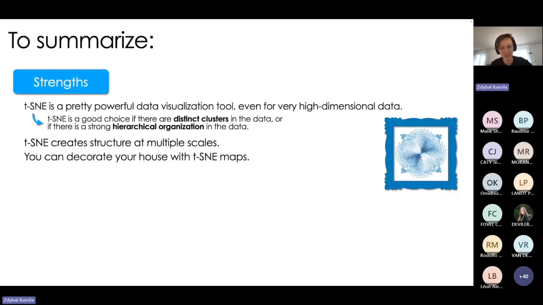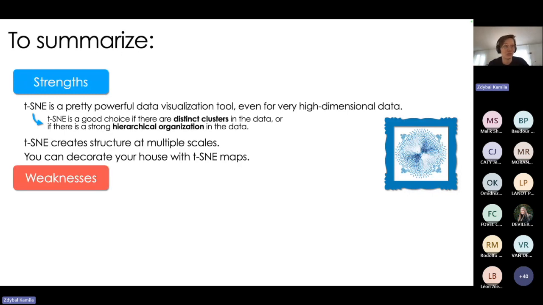And of course, many of those t-SNE projections look really beautiful. So you can decorate your house with t-SNE maps. Even for toy data sets, like this 3-dimensional surface, you already can get a pretty picture, especially when perplexity is low. It creates these fine threads, which look really interesting.